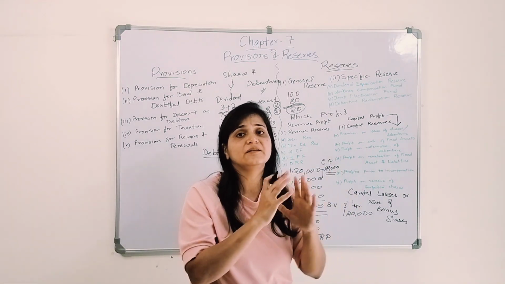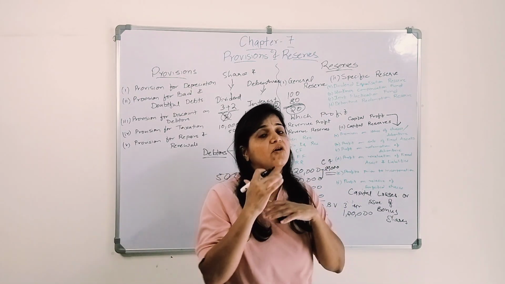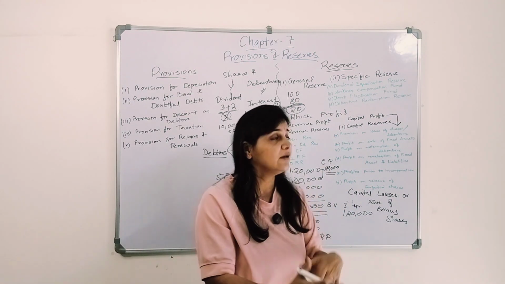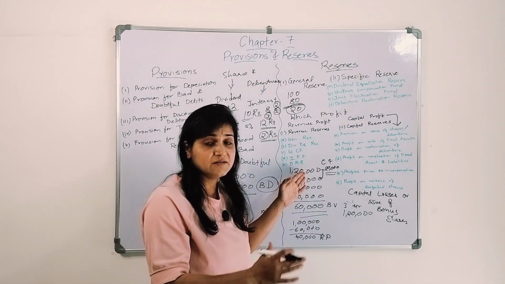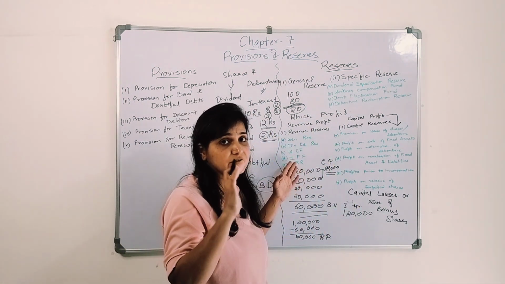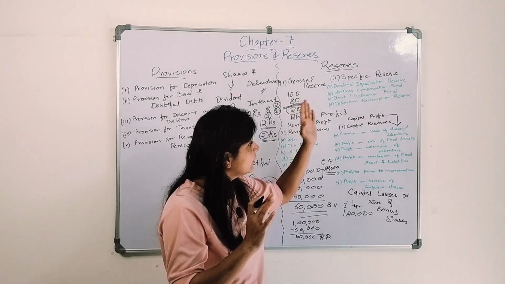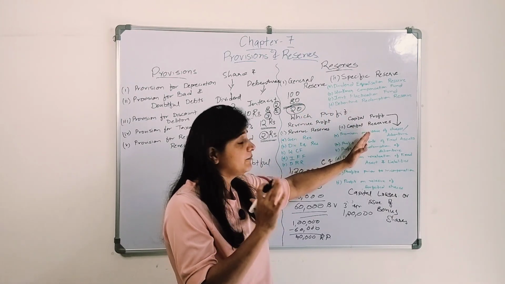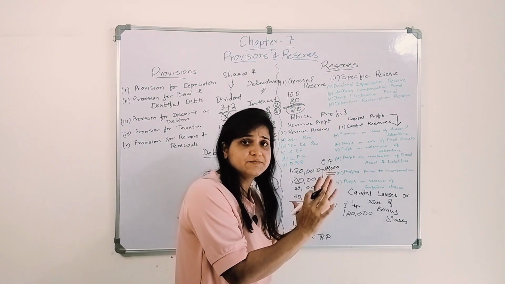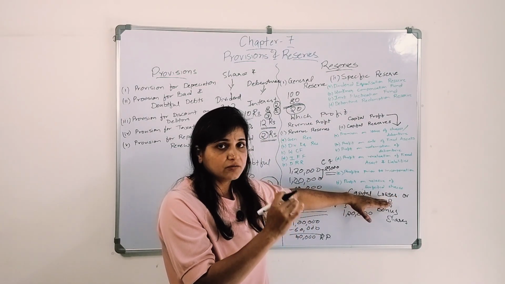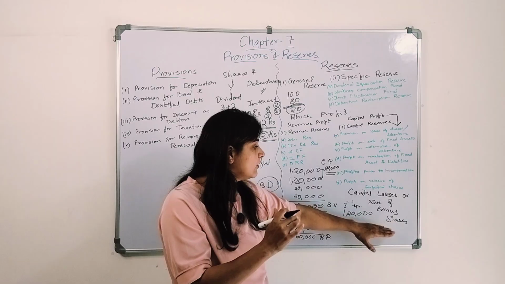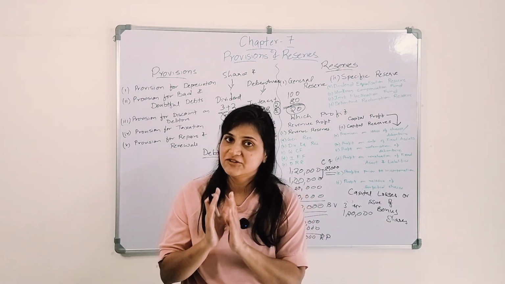Capital reserve means which is available from the capital profit. Revenue reserves can be used for these purposes, and are available to give dividend. Whereas capital reserves are for specific purposes, wherein you can write off your capital losses, or else issue the bonus shares.